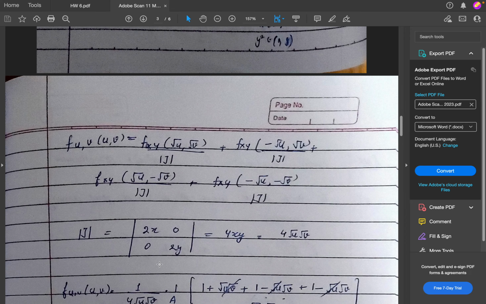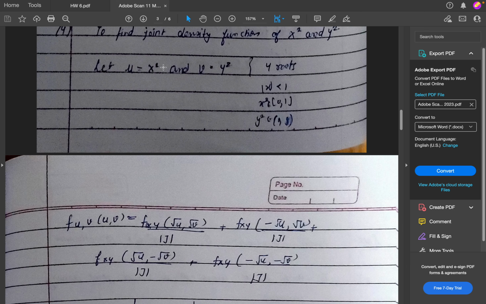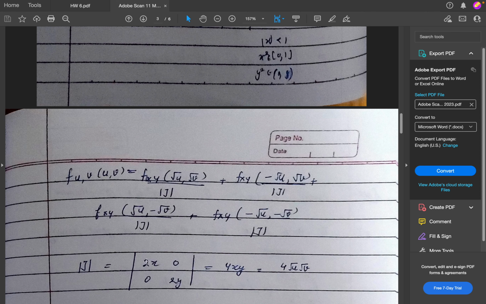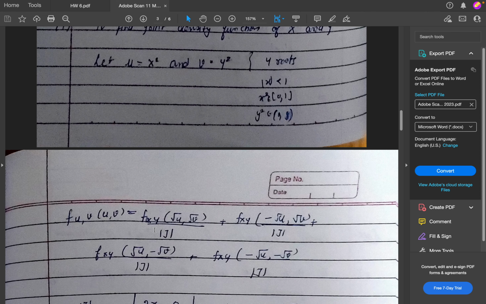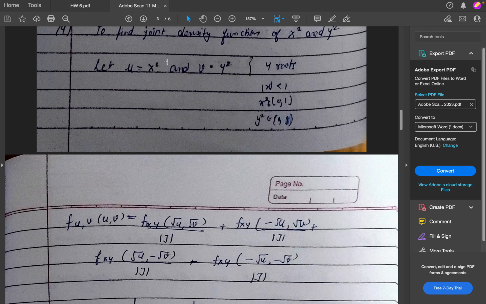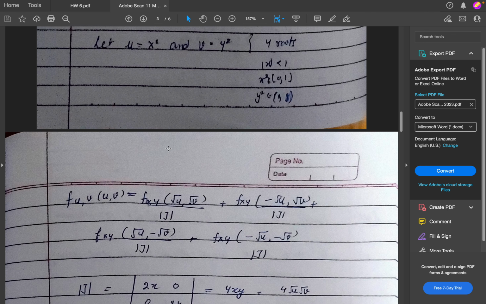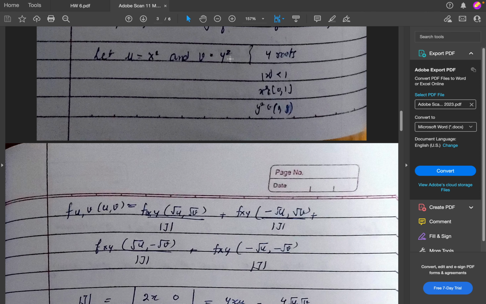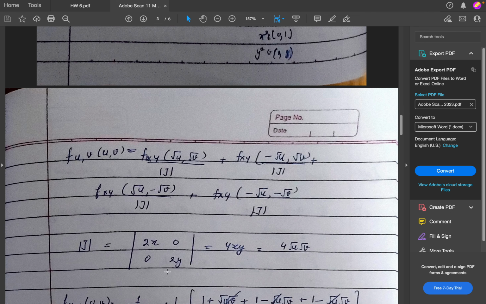Now let's see what the Jacobian will be. It will be the derivative of these two. The derivative with respect to x will be 2x, the derivative with respect to y will be 0, and the derivative with respect to x will be 0, and the derivative with respect to y will be 2y.